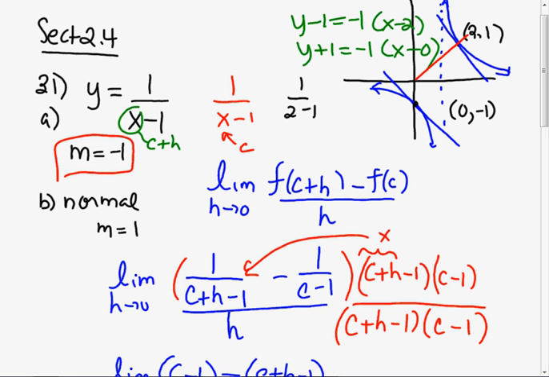It's the same place. So it's y minus 1 equals, well, if this is slope of negative 1, what's its normal? 1. And it's x minus 2. Same equation here is y minus a negative 1, or y plus 1, equals 1, and it's x minus 0.